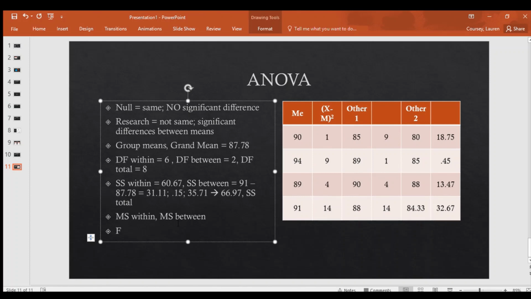So for my mean square within, I want to take the sum of squares within value that I calculated of 60.67 and divide it by my degrees of freedom within of 6. So I would take my 60.67 divided by 6, which would give me a mean square within value of 10.11.